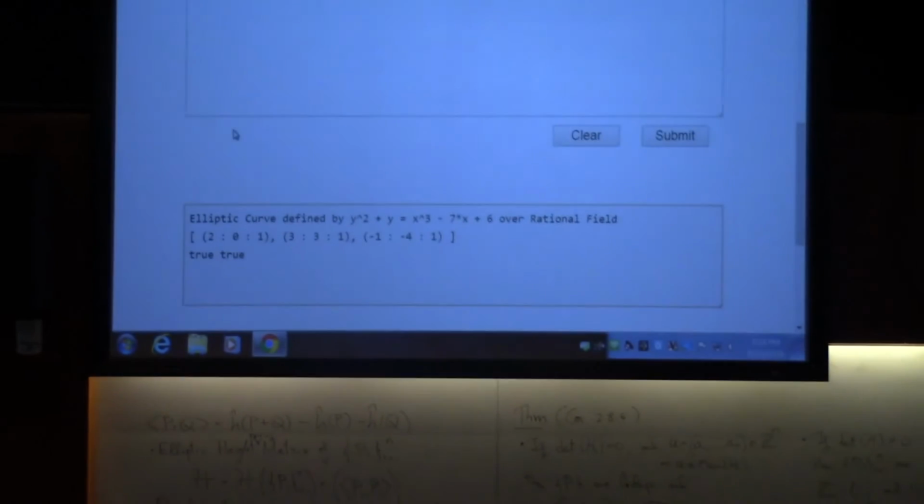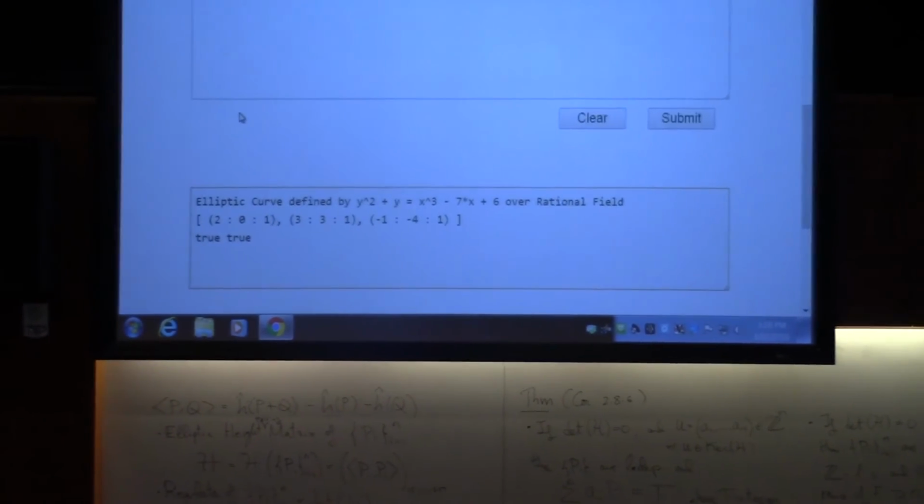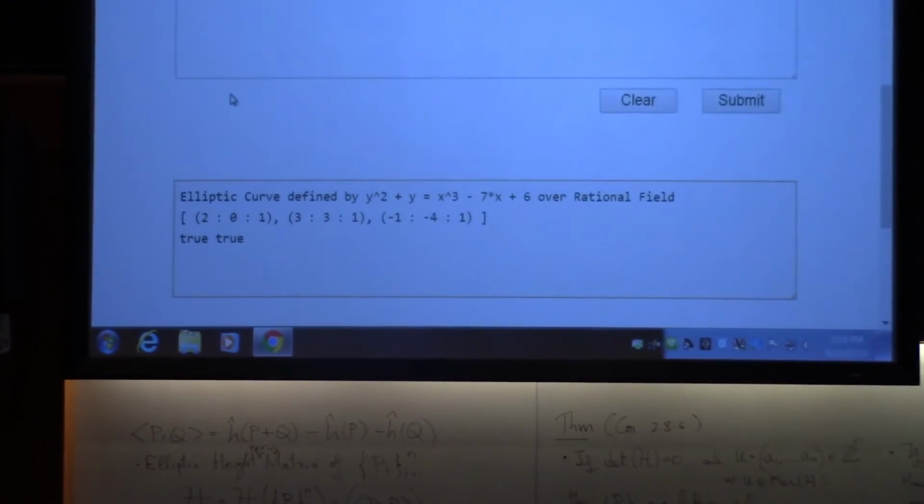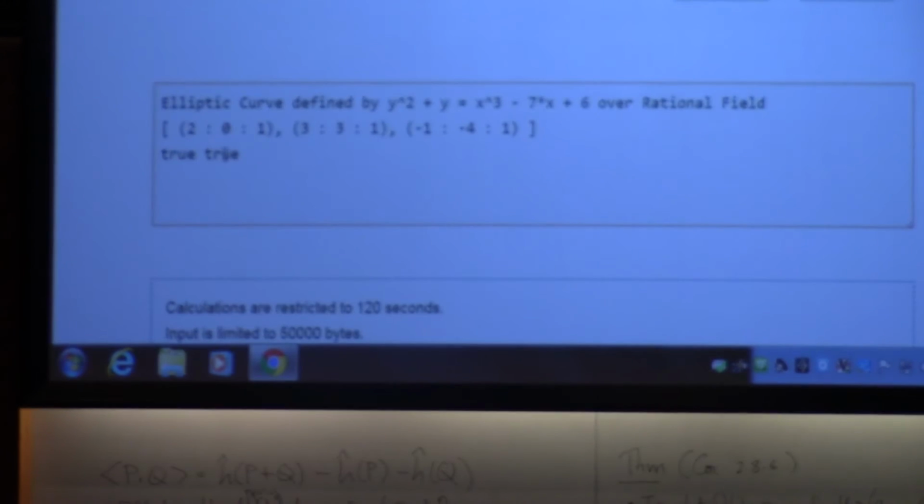Sage forces you to talk like a computer, but Magma is written so you talk like a mathematician to the computer, and the computer talks back to you as a mathematician. Okay? So it gives you the generators in projective coordinates. It tells you true. It's just talking to itself at that point.